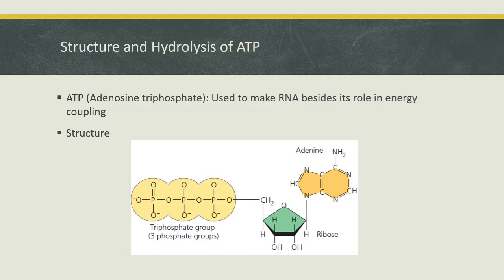ATP is just the grouping of 3 phosphate groups, a ribose, which is a sugar, and adenine, which is an amine group. You can see the 3 phosphate groups, and there's something important that I want to highlight here. Each one of the phosphates bears a negative charge on one of its oxygens. Then we have the ribose, and we have the adenine. That's basically the structure of ATP.